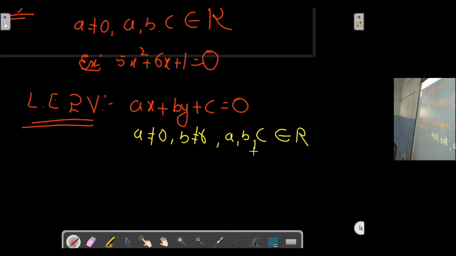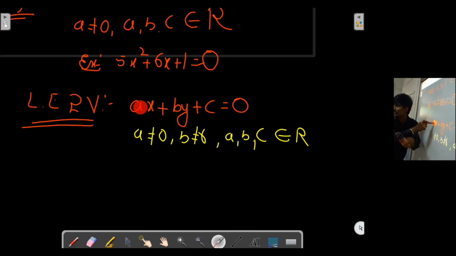Anyone can give the answer? Suppose a is equal to 0, what will happen? Not two variables, only one variable, where a, b or c are the constants here. Suppose a equal to 0, this total quantity will go. Then what is remaining here?